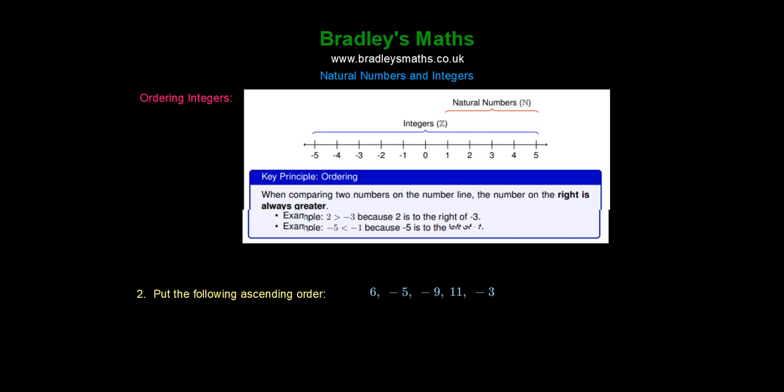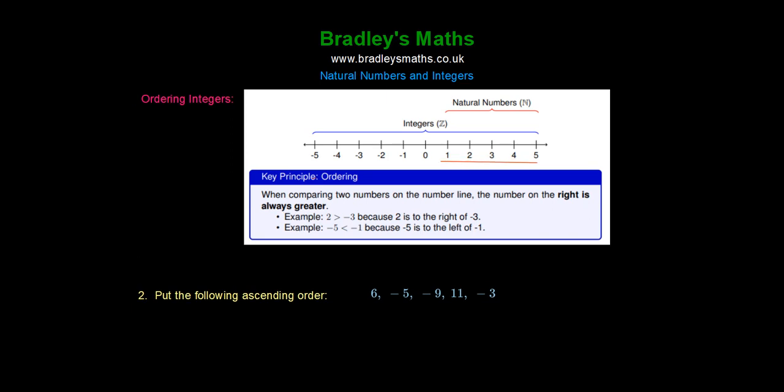What this means is that as we move to the right, let's do this with a nice straight bit of line, as we move to the right, our numbers are increasing.